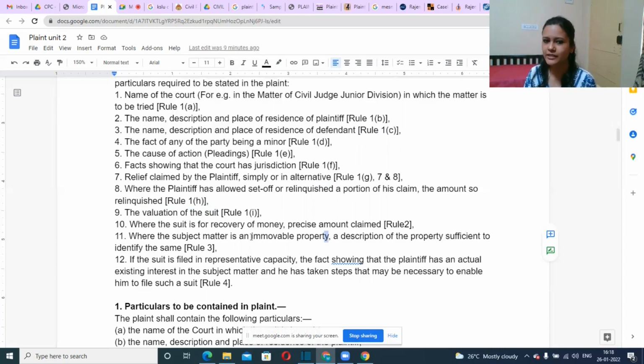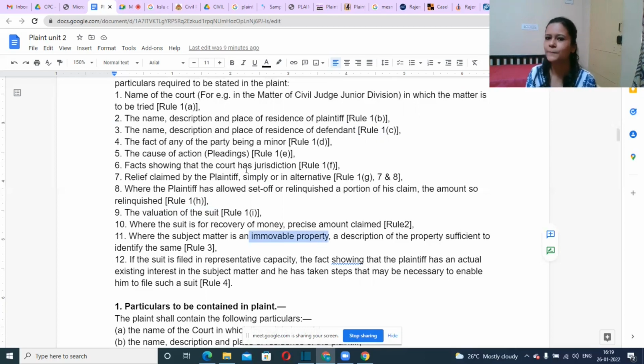In such a case, I need to mention a proper description of the immovable property. Usually we would have some survey number, khata number. We would have some demarcation for demarcation purposes. Usually for Gram Panchayat, it happens. They would demarcate it as in, from Ram's house 2 kilometers behind a school, like that also they would demarcate.